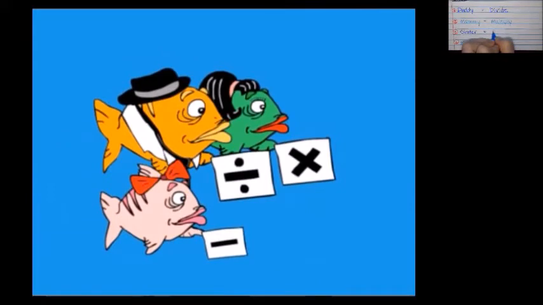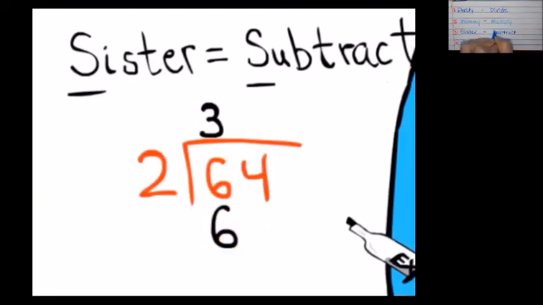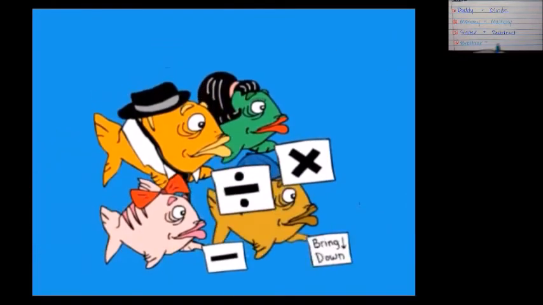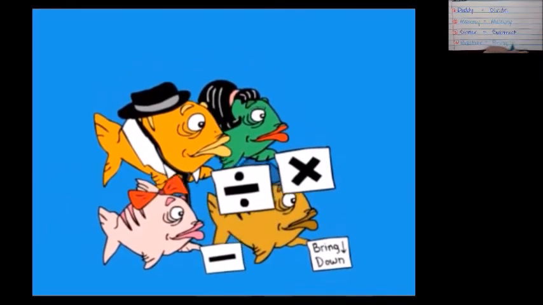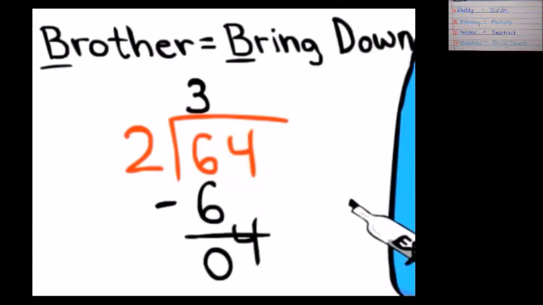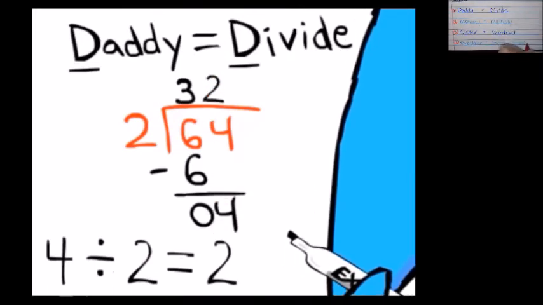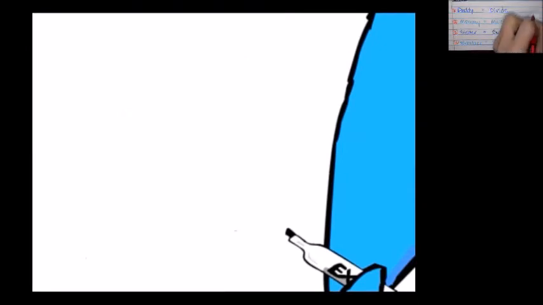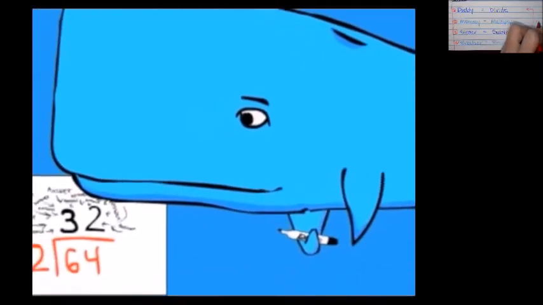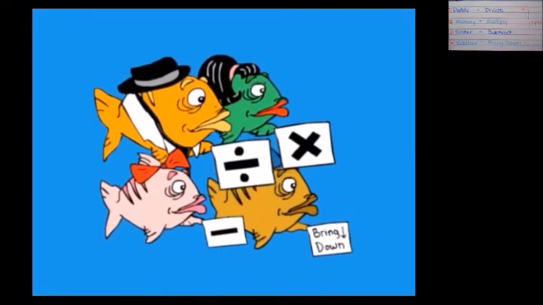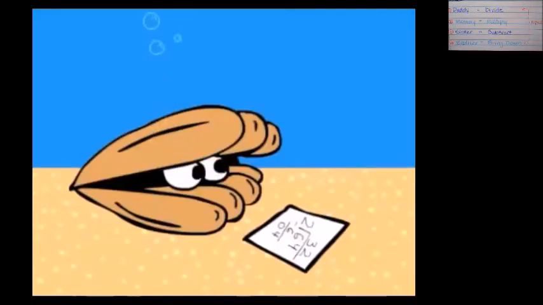Sister is subtract. And brother is bringing down. Then repeat the steps. Ooh, yeah, I see. Daddy, mother, sister, and your brother. Divide, multiply, subtract, bring down. Ooh, thank you.